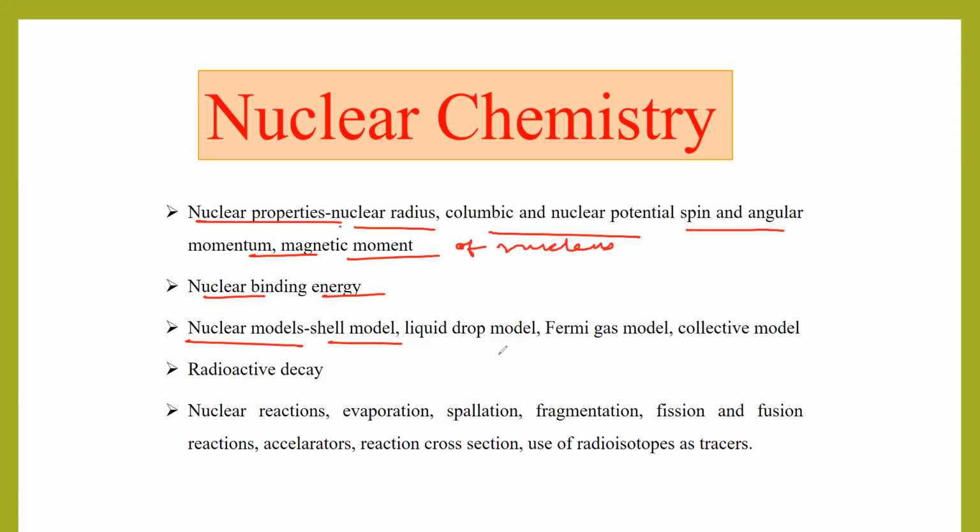These are shell models, liquid drop model, Fermi gas model, collective model, then radioactive decay, nuclear reactions, evaporation, separation, spallation, fragmentation, fission, fusion, accelerators, reaction cross section, use of radioisotopes as tracer. So these points we will include in this video. Let's start discussing these topics one by one.